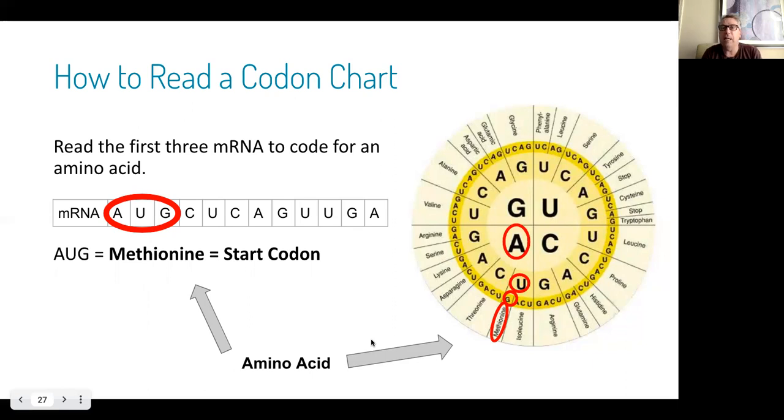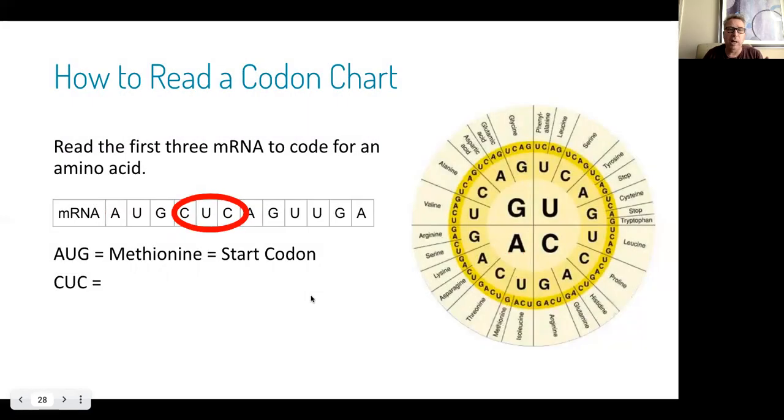Only when you see this AUG can you start putting the amino acids together. All right, so always remember, some practice problems aren't always going to follow this rule. Sometimes we might have you practice and it won't start with methionine, but we try the best we can. So methionine is our start codon.